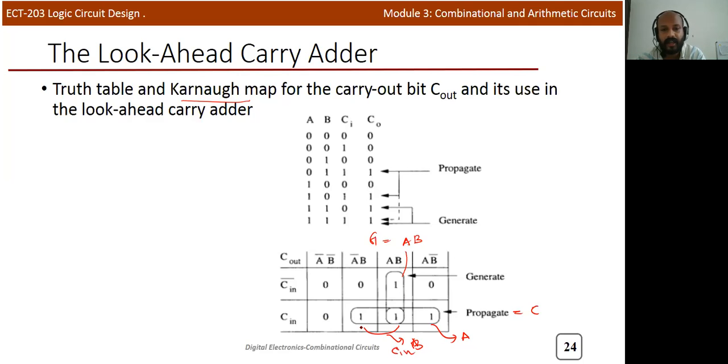So that is Cin B plus Cin A. So this is the propagation logic. Cin will be propagated when this group is active. This is a group indicating when Cin will propagate. A bar B is 1 when AB is 1, then A B bar is equal to 1. This is the logic where Cin is operating.